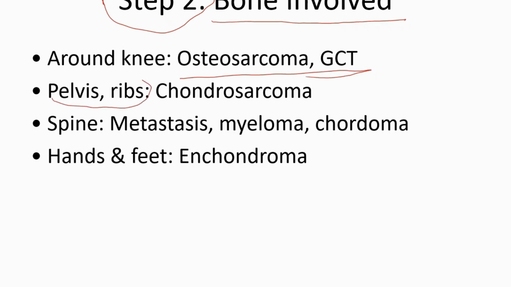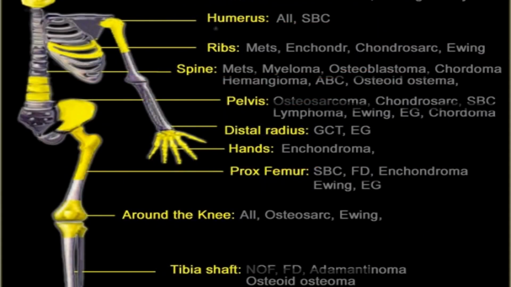In pelvis and ribs, chondrosarcoma is more common. In spine, metastasis, multiple myeloma and chordoma are more common, whereas in hands and feet, enchondromas are more common. In the skull, eosinophilic granuloma, metastasis and multiple myeloma are common.